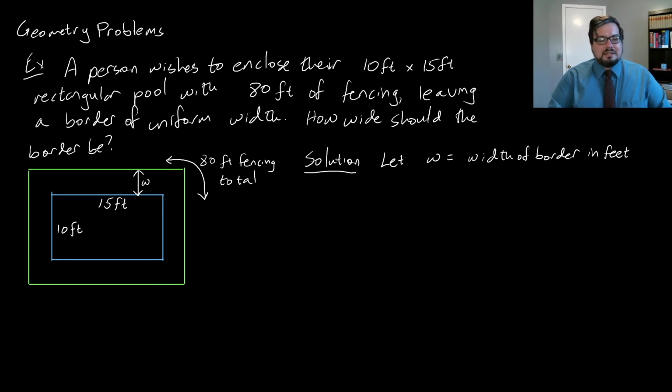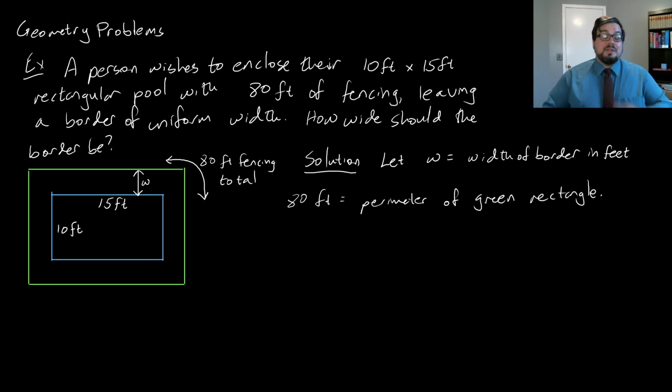This 80 feet is going to measure the perimeter of the outer rectangle. So this 80 feet is the perimeter of the green rectangle. And we know that because the problem tells us that we're using 80 feet of fencing in order to construct the whole green rectangle out here.